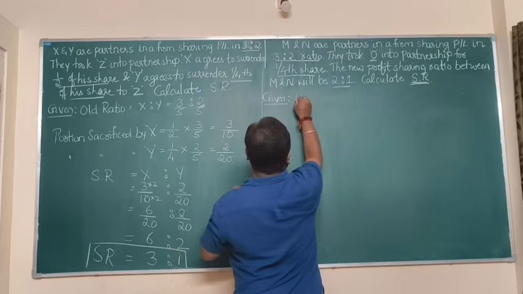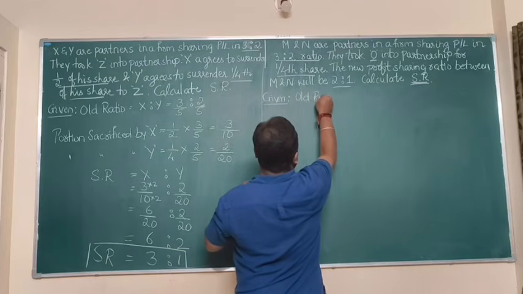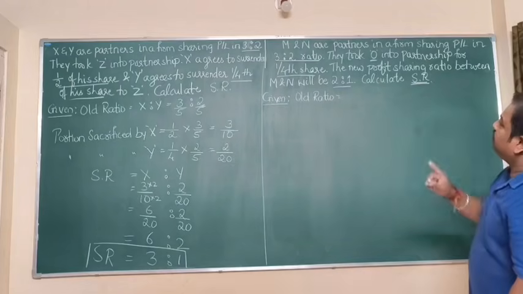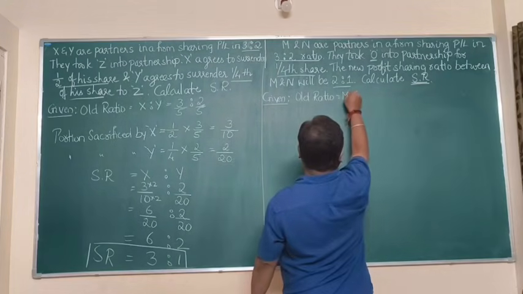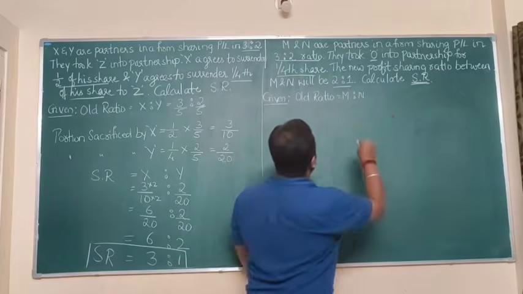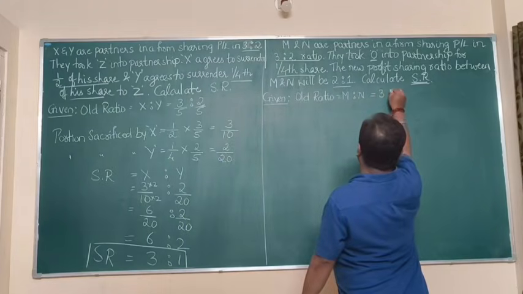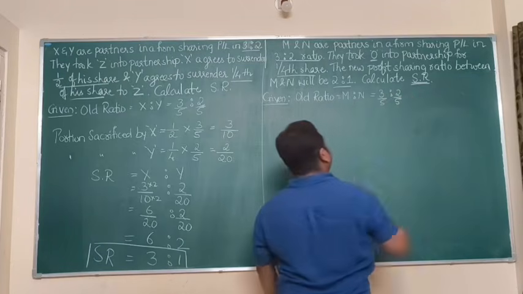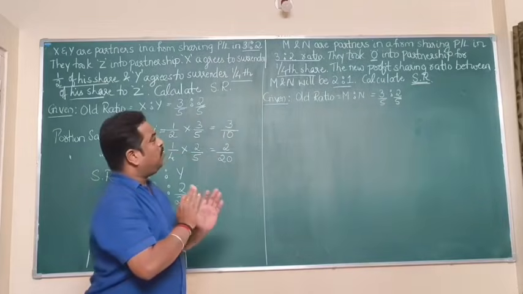Given: what is the old ratio? Old ratio is equal to M is to N. And what is the ratio given here? It is 3:2. That is 3/5 and 2/5. I'm just writing first what is given.